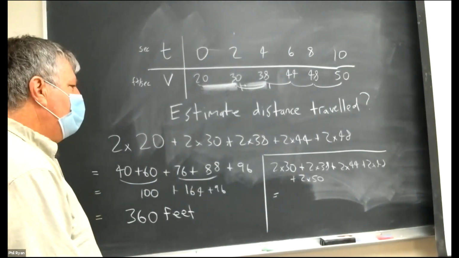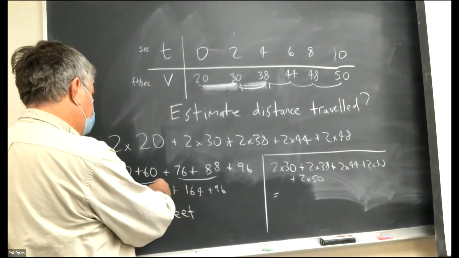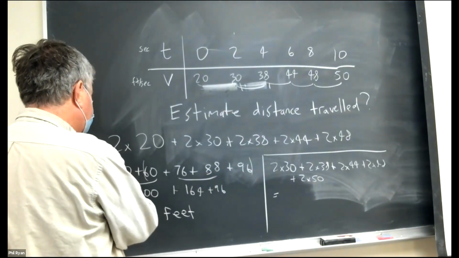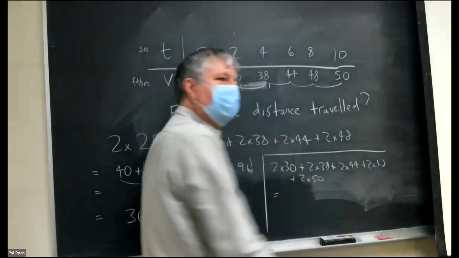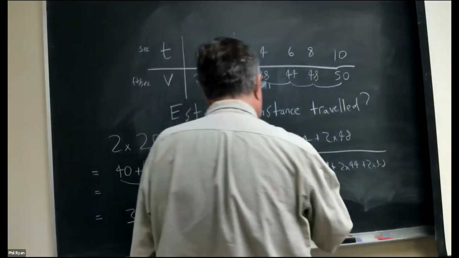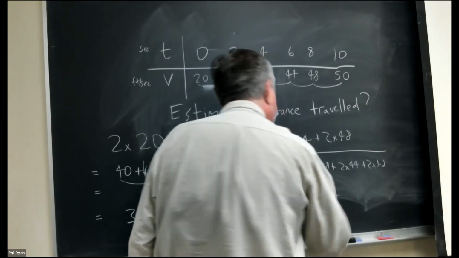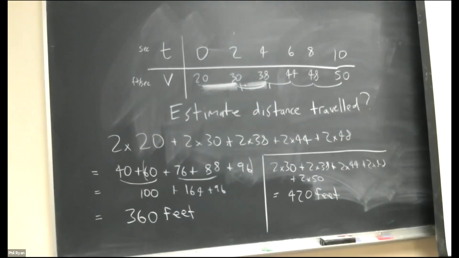So I get exactly the same thing as before, because these things are all the same. The only thing is I'm replacing the 40 by 100, so I'm going 60 feet more. So this is 420 feet. That's another perfectly good estimate, but it's an overestimate.